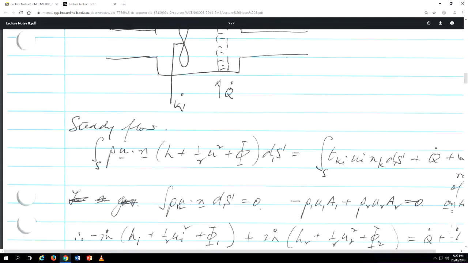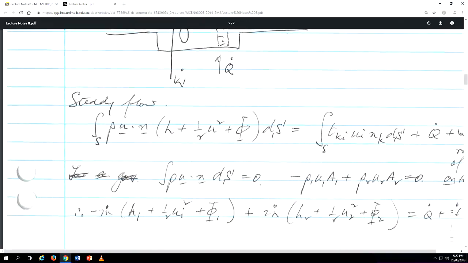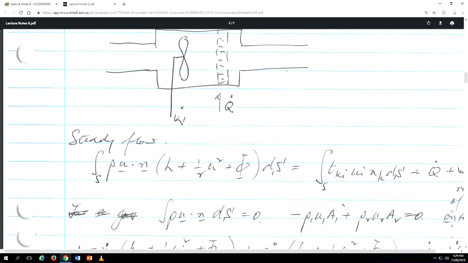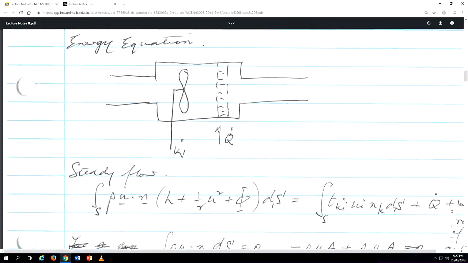It's simply the velocity times the direction of the normal, and it'll be minus rho 1 u1 A1 for the upstream condition. Why? Because the normal is in that minus direction, but the velocity is in the opposite direction, so u dot n is minus 1. So it's minus rho 1 U1 A1 plus rho 2 U2 A2. And frequently, we will use rho UA as just m dot.